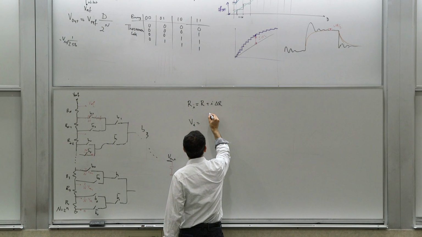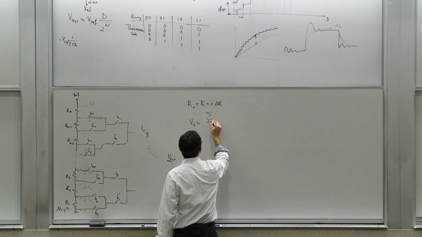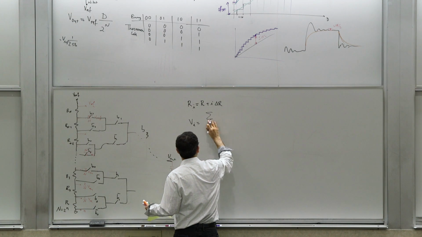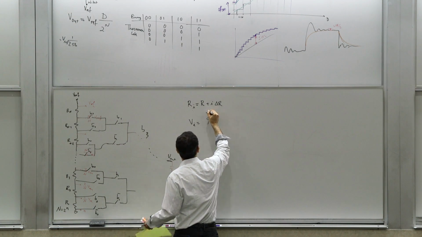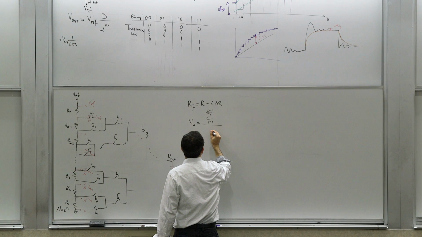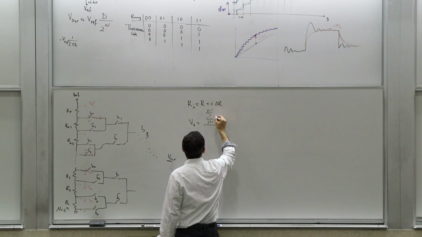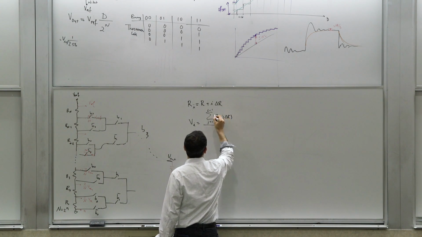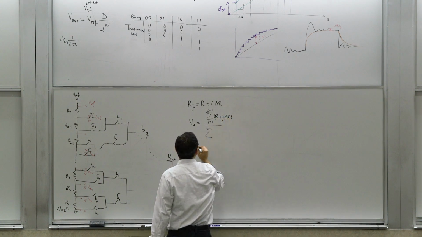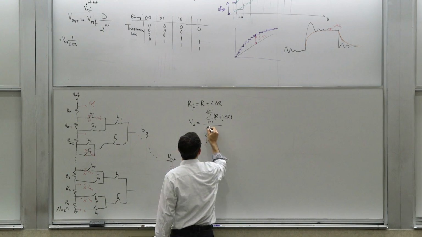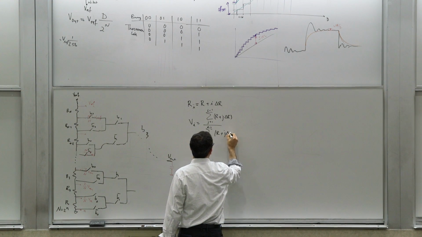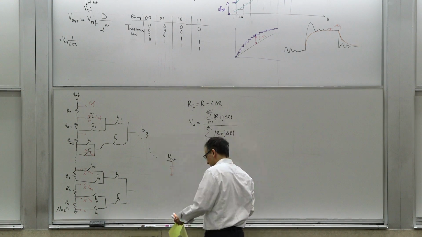So the sum of the resistances underneath is the sum from j equals 1 to i minus 1 of R plus j delta R, divided by the sum from j equals 1 to N minus 1 of R plus j delta R, right?